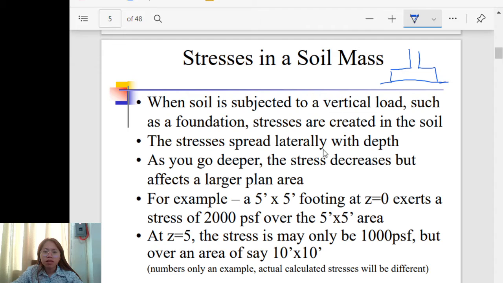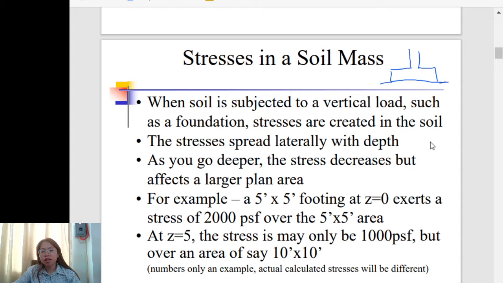The stress is spread laterally with depth. As you go deeper, the stress decreases but affects a larger plan area. So, remember that the stress, or the pressure, is P, the force over area. As you go deeper, the area will be bigger.